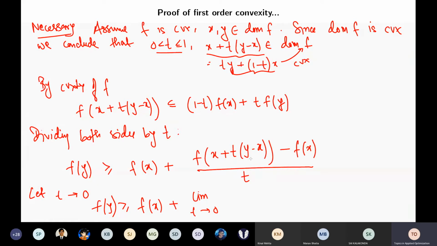And we recall that this is true for all t greater than 0 and less than or equal to 1. So nothing is being violated anywhere. Okay, t can get very close to 0, and everything came from here. So the inequality should also hold for any t arbitrarily close to 0. So nothing is violated yet. Now if t tends to 0, our focus is here, because this term has nothing to do with t, right? So what will happen here, right?